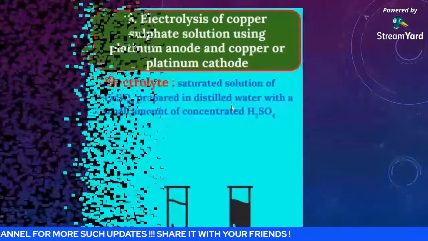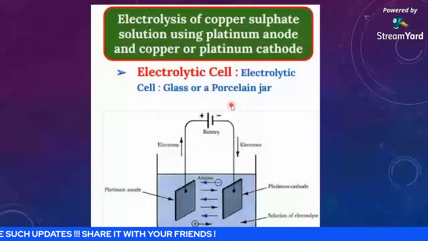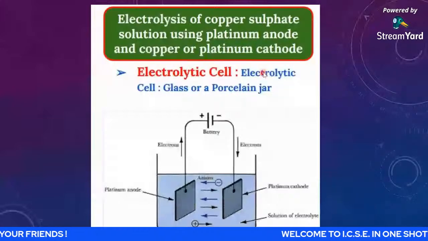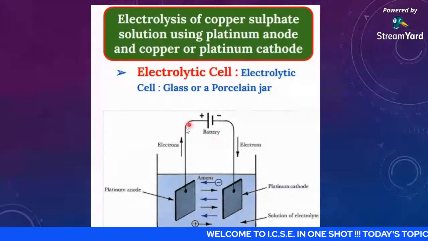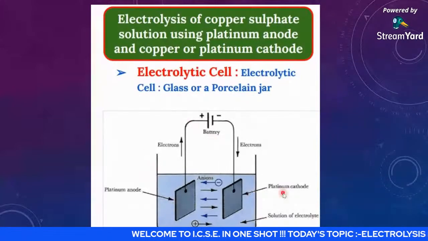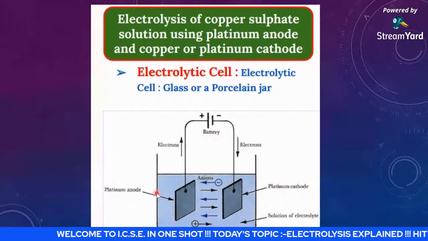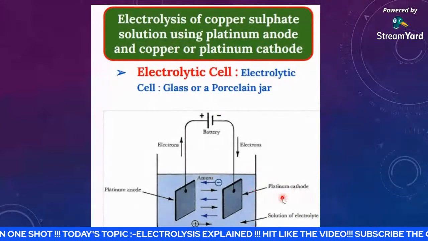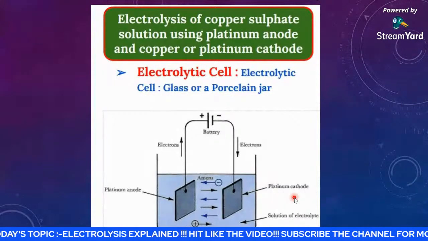Next portion is the electrolysis of copper sulfate using platinum anode and platinum or copper cathode. So this is the apparatus as you are assuming it: platinum cathode, platinum anode, and you can replace this cathode with a platinum, or I mean copper.